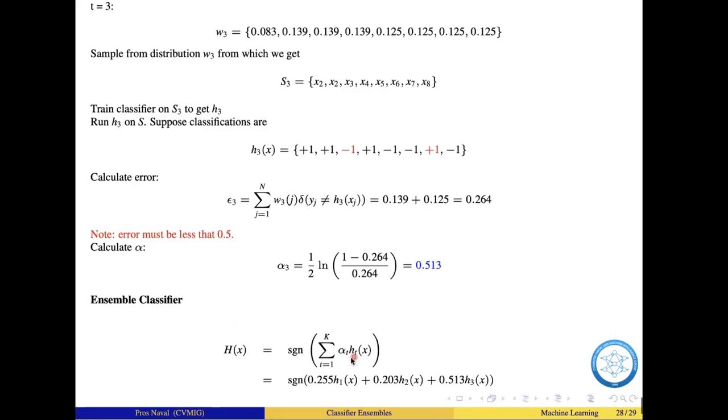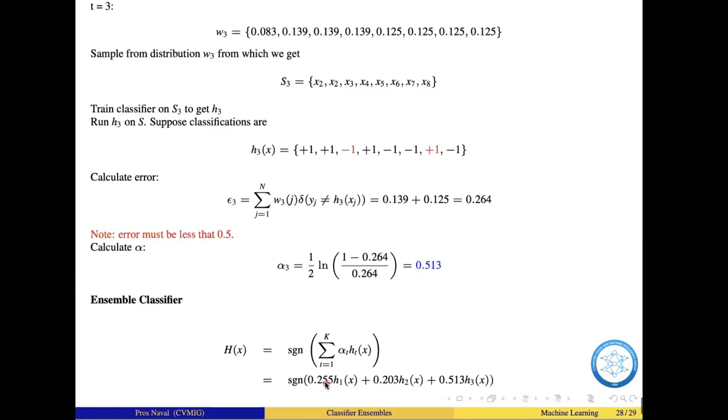So now we have the following ensemble classifier. Sign of 0.255 times H1. Don't forget to keep a copy of our first classifier. Then 0.203 times H2, the second classifier from the second iteration, and the alpha for the third one, alpha 3, is 0.513 times H3.